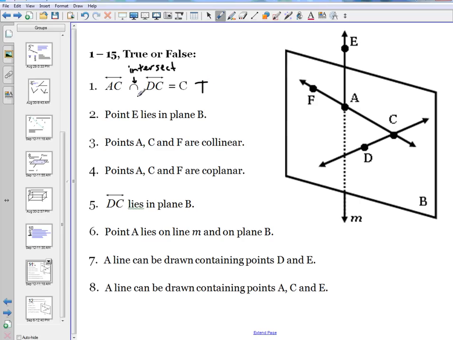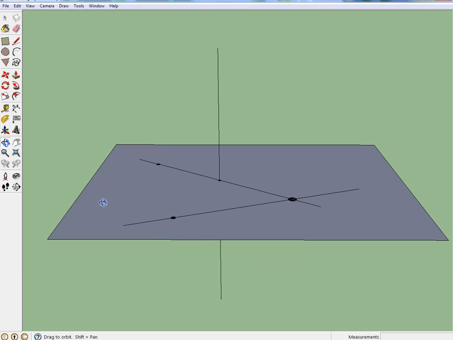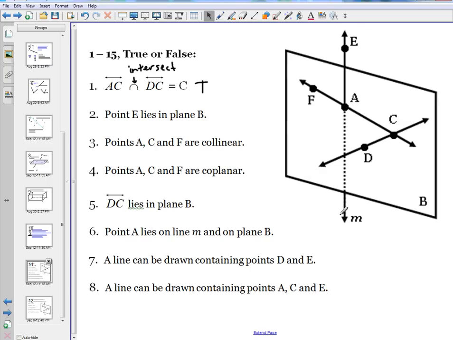Okay, point E lies in plane B. So maybe before we move on, let's look at what this shape actually looks like in 3D. So I have made a drawing here in 3D, and it's a plane. Remember, the planes go on forever, and we've got a line here. This point here is F, this point is A, this point is C, and this point is D. So I'll flip back to the other one. Here's our drawing.